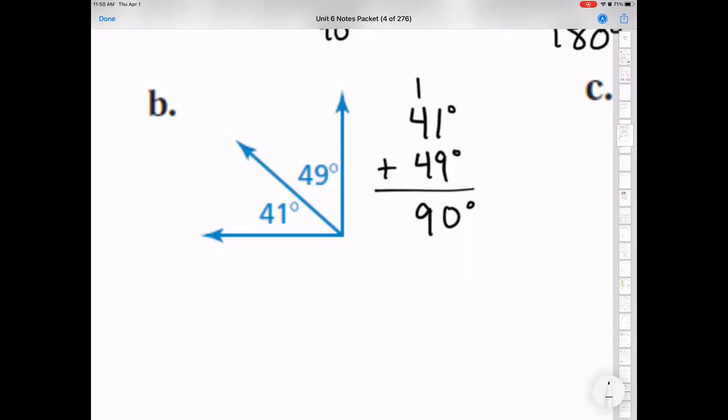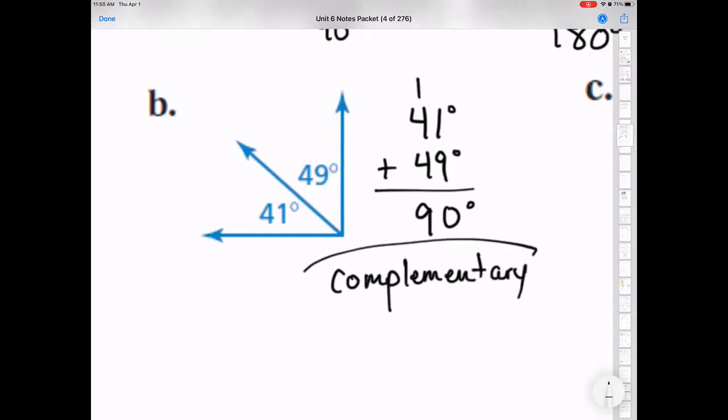And from our definition, that is complementary. Yes, we are looking for this math. I know that for some of us, we can probably do that in our heads. Trust me when I say you will encounter problems where it's not so simple. All right, so we do need to see that math.